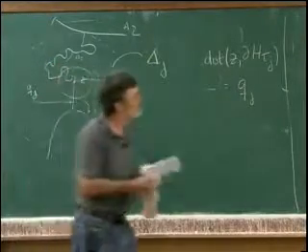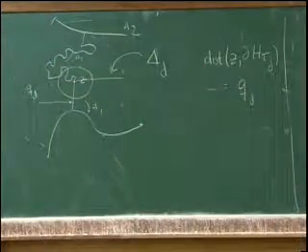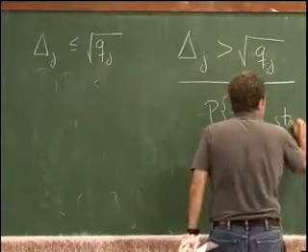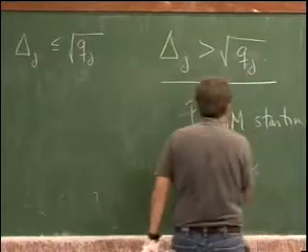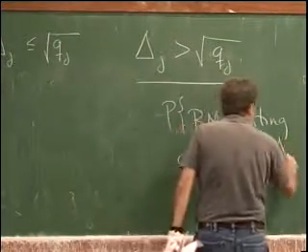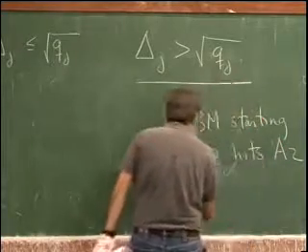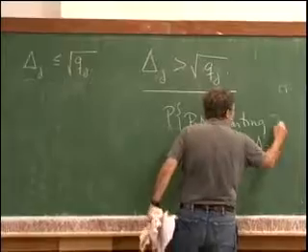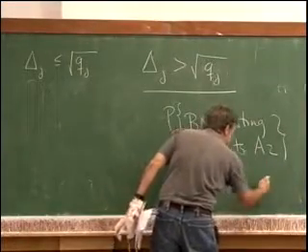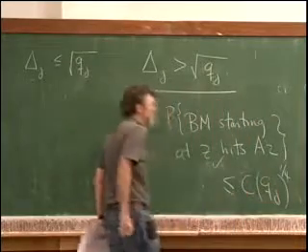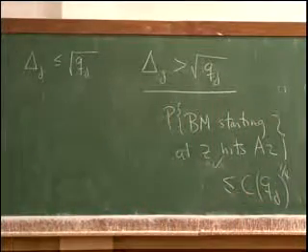And therefore, the probability that Brownian motion starting at Z hits A2, or let's say hits A2 rather than A1, is less than, in this case, square root of Qj to the 1/2 power.